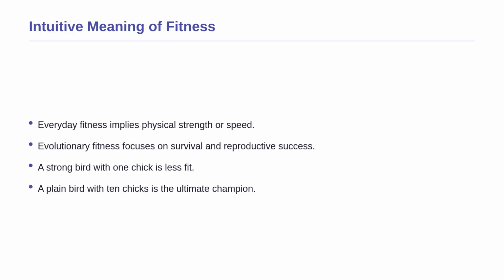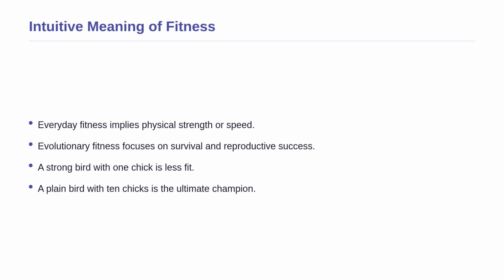Let us start by breaking down our everyday assumptions. Imagine a nature documentary showing two birds. One is incredibly strong and fast, but it only lives long enough to raise a single chick. The other bird is small and plain, but it blends into the trees perfectly and raises 10 healthy chicks.